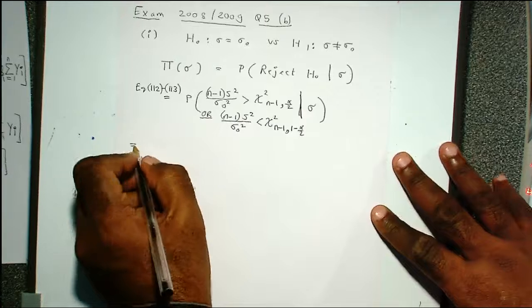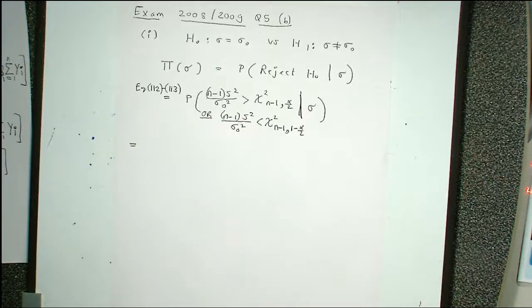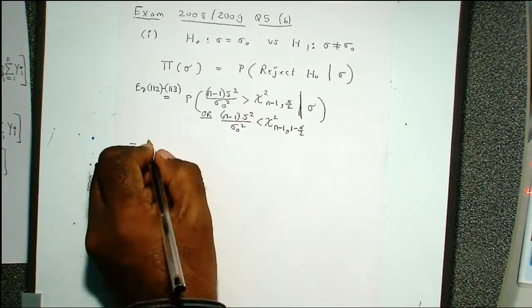All right, now, because these 2 events are mutually exclusive, that is, they cannot occur together, you can write this as the sum.